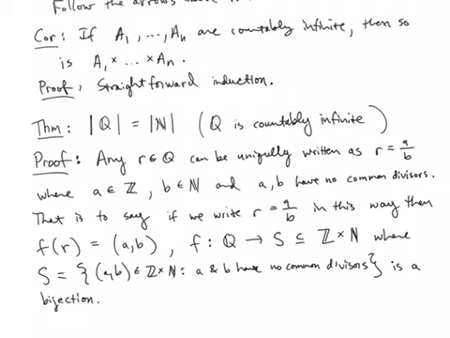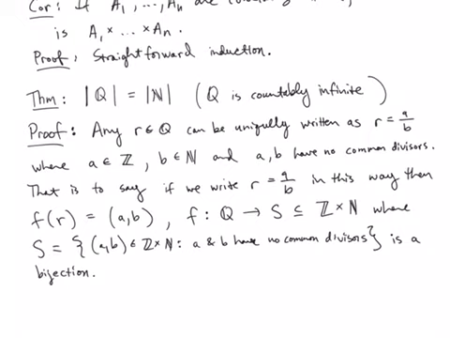The uniqueness means that this function is injective, and of course any a and b in this set, when you look at a over b, that's a rational number. So that means that the function is surjective. And so this is a bijection.